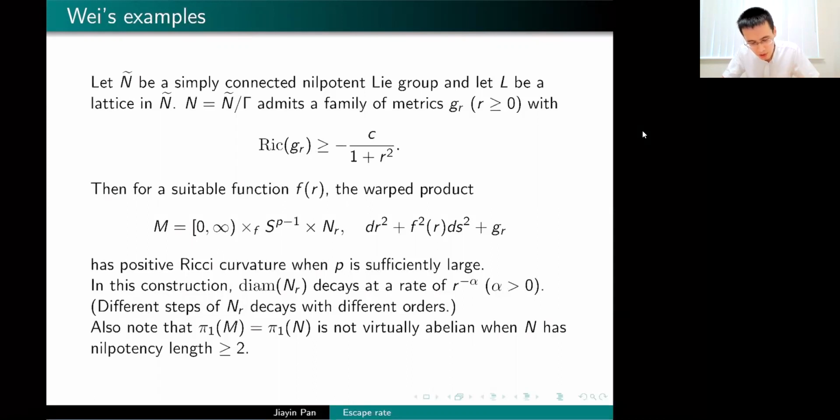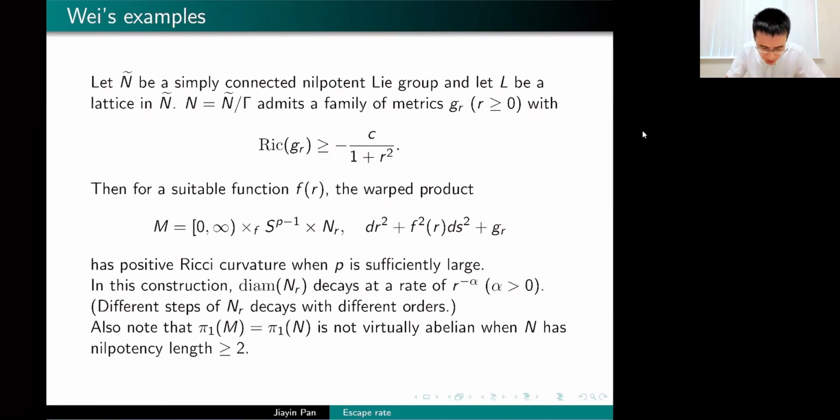Then N tilde modulo Γ, this N, is compact, and it admits a family of metrics g_r, where r is a non-negative parameter, with almost non-negative Ricci curvature. So N does not admit positive Ricci curvature, but it admits an almost non-negative one.